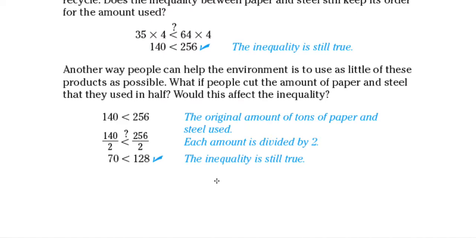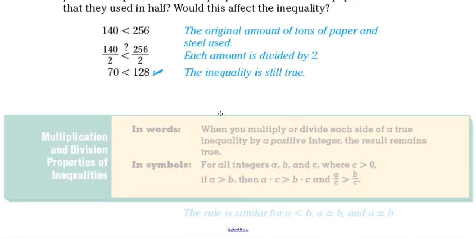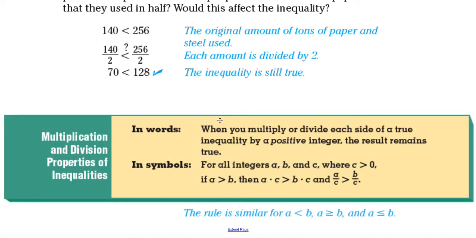These examples suggest the properties we are going to talk about, the multiplication and division properties of inequalities, which state in words: when you multiply or divide each side of a true inequality by a positive integer, the result remains true. Take note, positive integer, because we're going to talk about negatives later on.